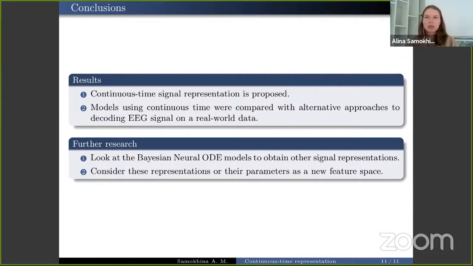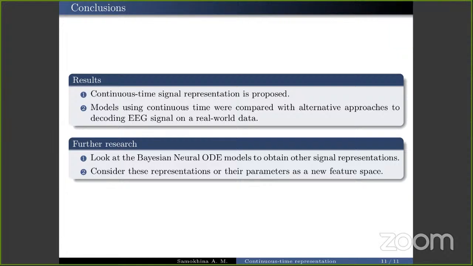I can't say that it's already used somewhere in industry, but I think that for some devices with intermittent contact, it would be useful. I know that some other models are used somewhere, but I'm not sure I can tell you where. Okay, thank you.